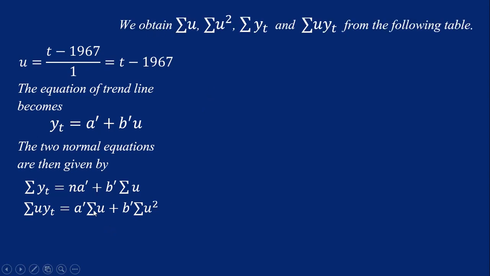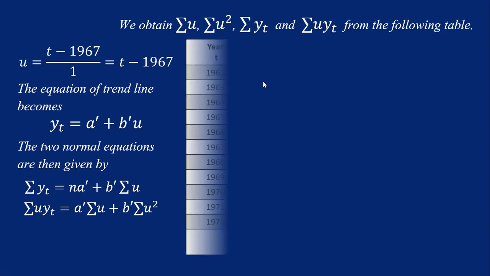So to solve these two equations we have to find values of a dash and b dash. The other values, summation yt, summation u square, summation u yt, we have to find from the given data. So we obtain summation u square, summation yt and summation u yt from the following table by the given data, and the given data is of years t and production.